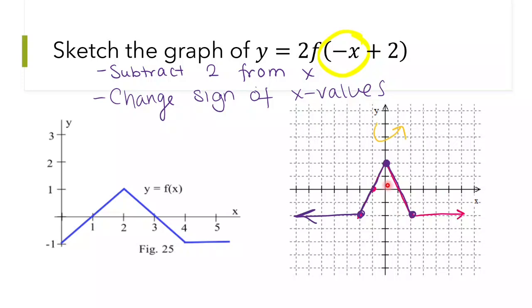So the point that was at (2, -2) actually flips and is now at (-2, -2). This horizontal line flips over the y-axis as well and is now on the left side instead of the right side. And there's the graph of this transformed function.